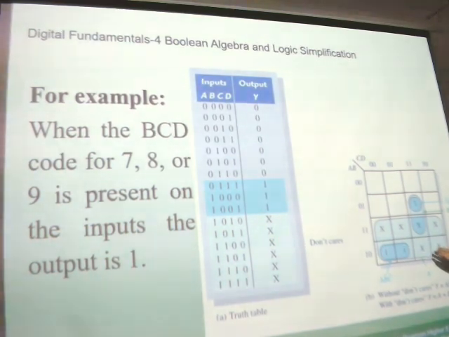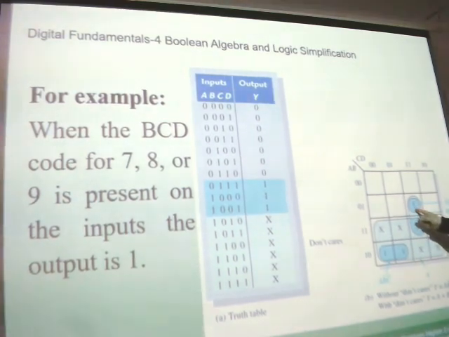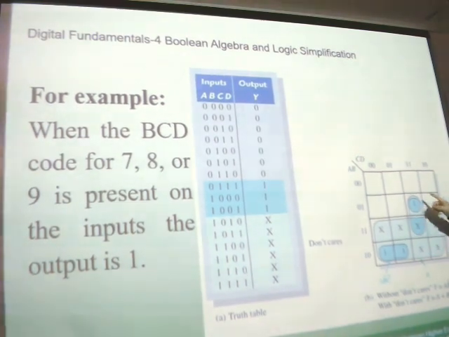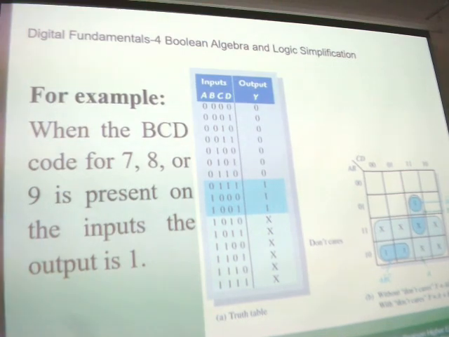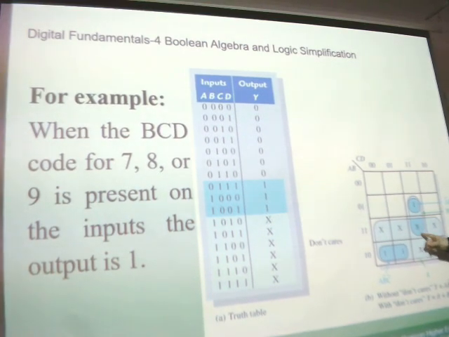We cannot group 4 cells into one group for this one. So the most suitable groups are this one and this one.